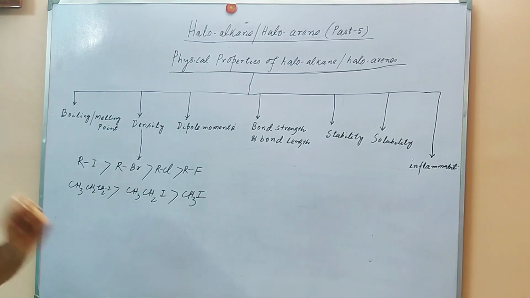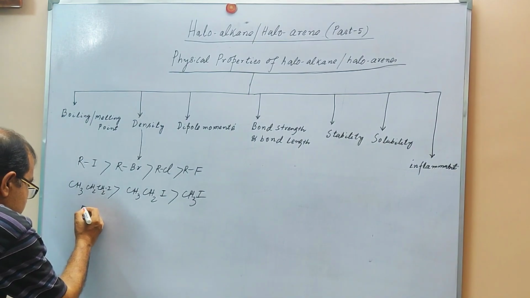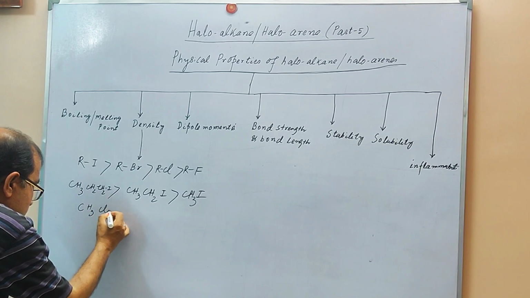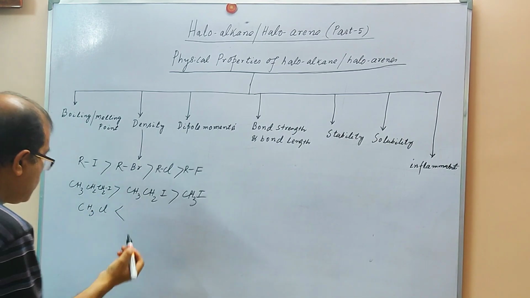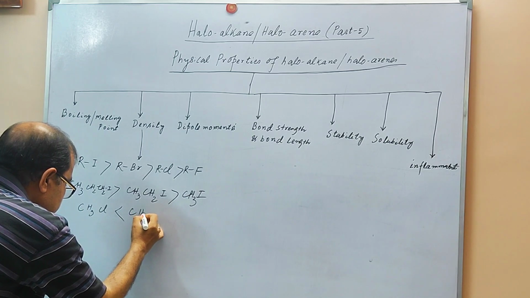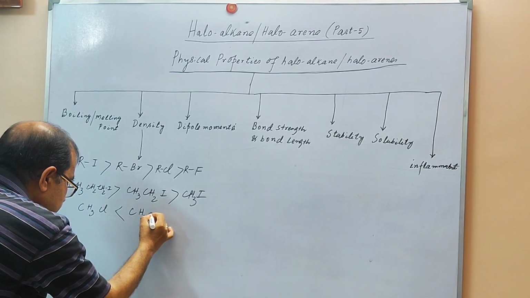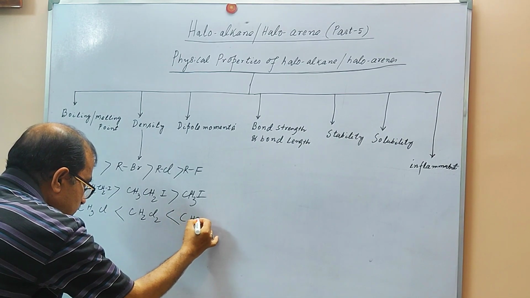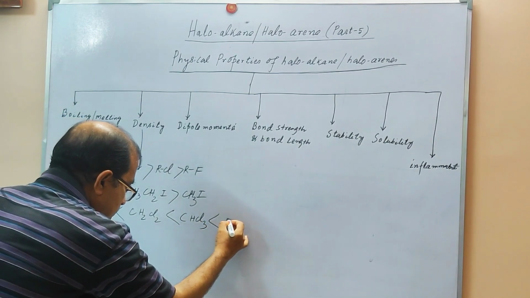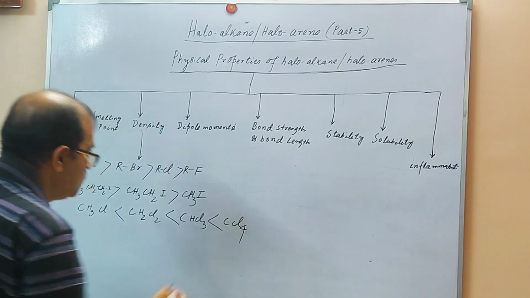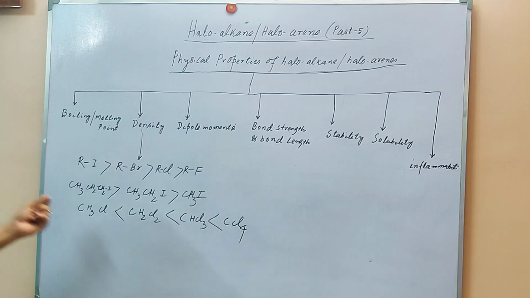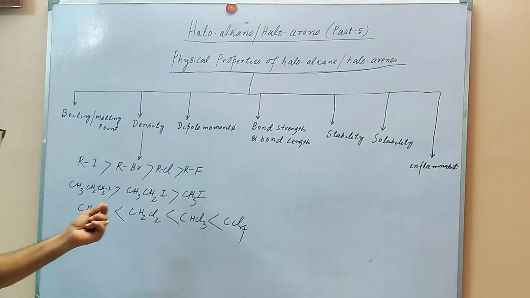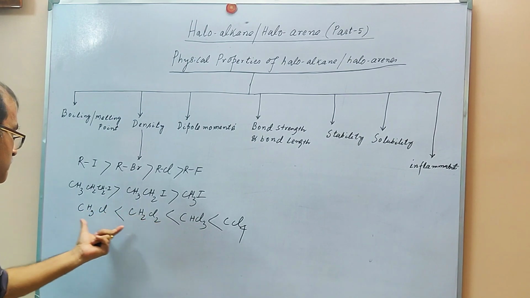And when the number of halogen atoms is increasing, you can see that here the chlorine atoms are increasing.